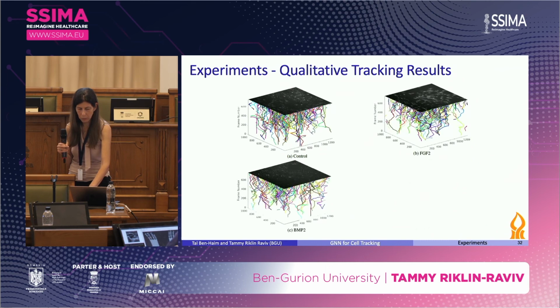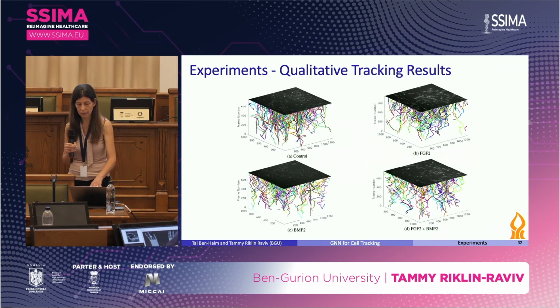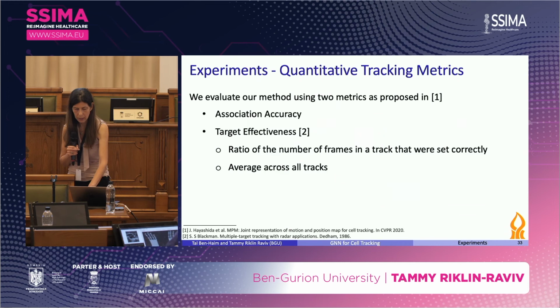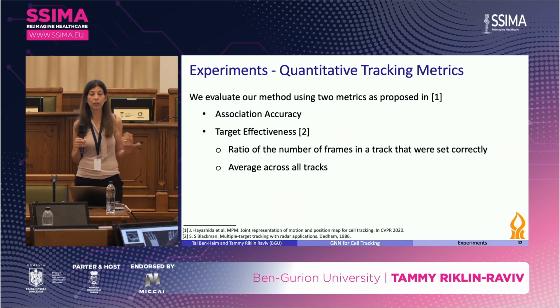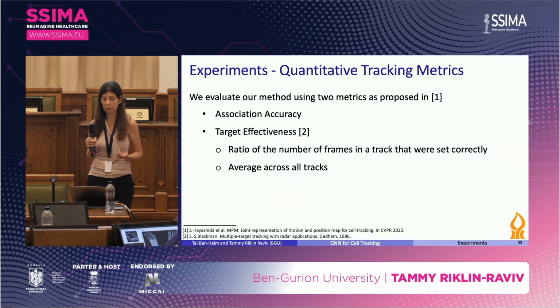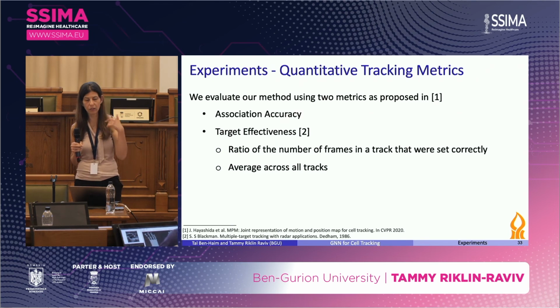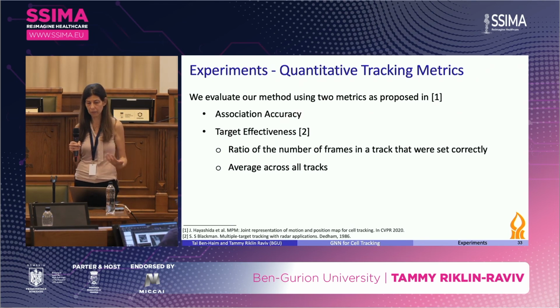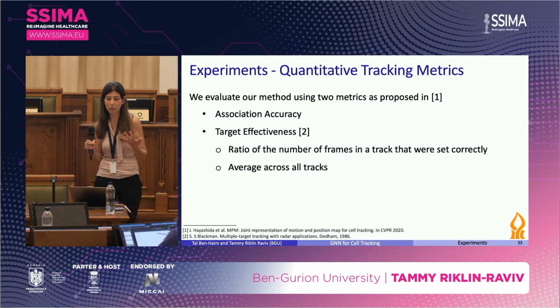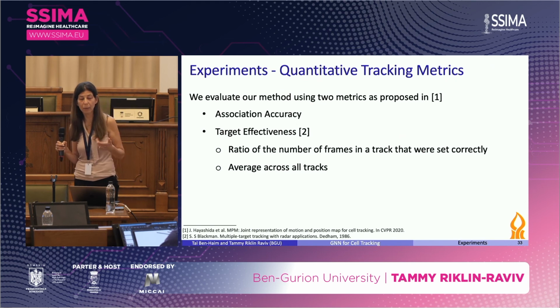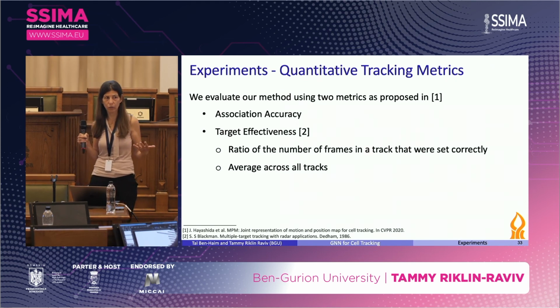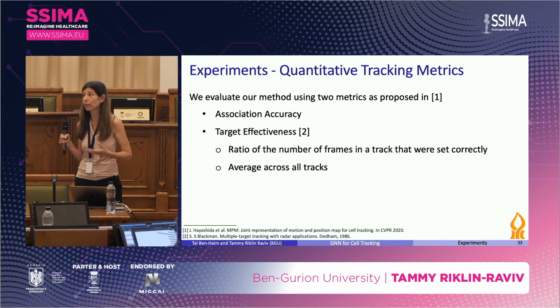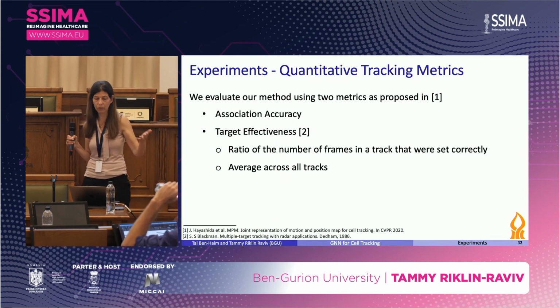Here you can see some qualitative tracking results, so the lineage analysis. In addition, we did quantitative tracking measurements using association accuracy and target effectiveness measures. So the target effectiveness measure is quite tricky because we actually calculate the ratio of the number of frames in a track that were not set correctly. And this is really difficult, in particular when you have hundreds of frames.